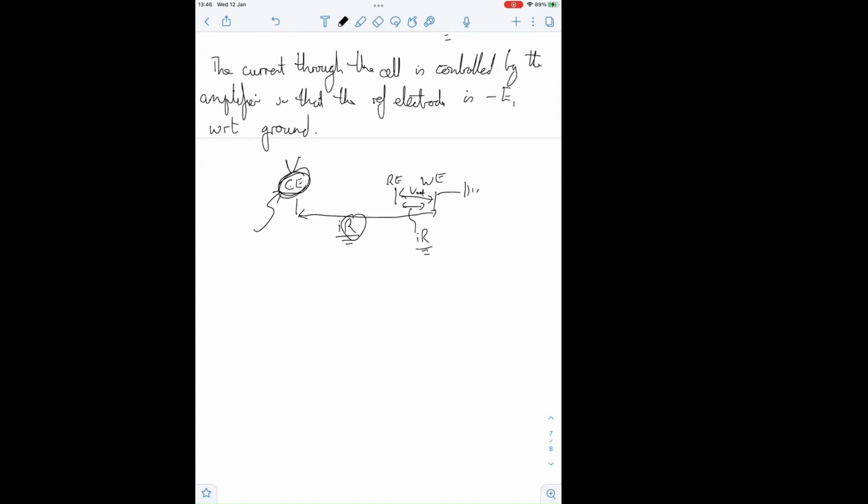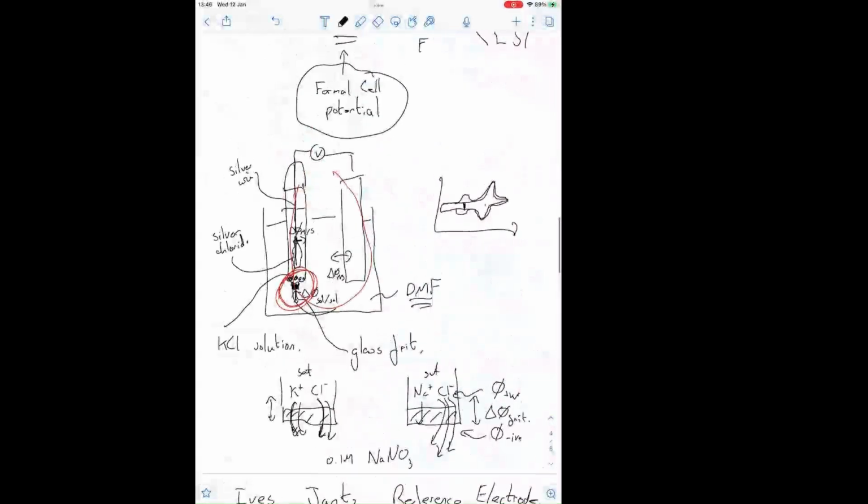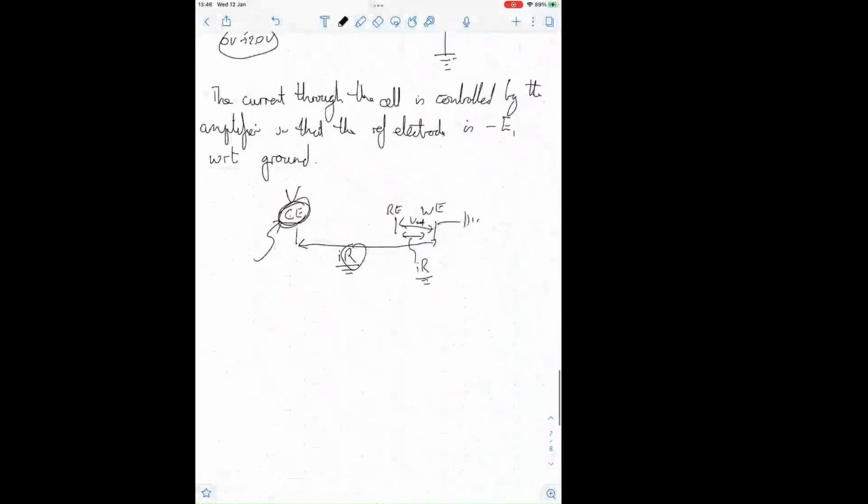Now, some people sometimes try and correct for that IR drop or reduce it. There are different ways, going back to our original drawings and trying to measure a potential. If I'm measuring a potential, it measures all potentials between the contact to the working electrode and the contact to the reference electrode, not just the potential across the two interfaces.